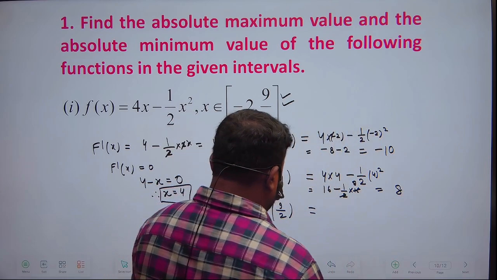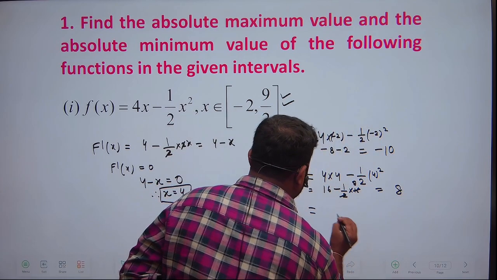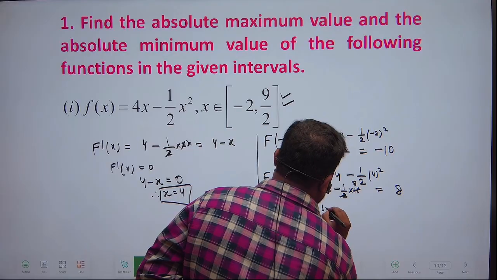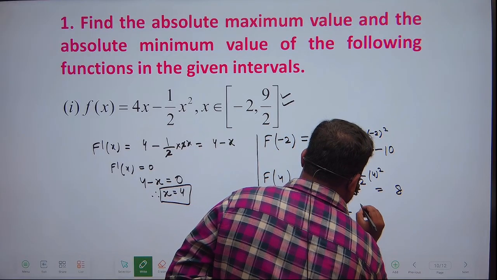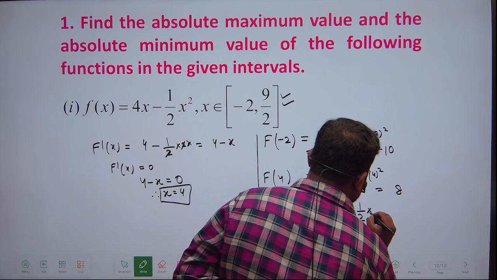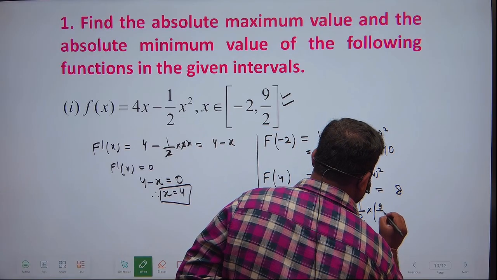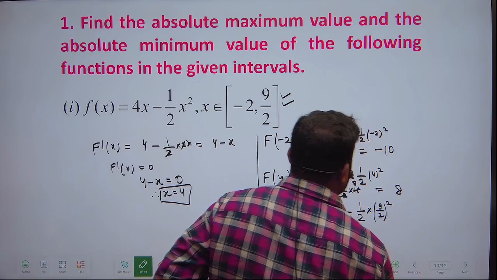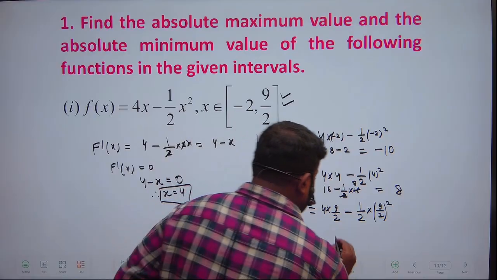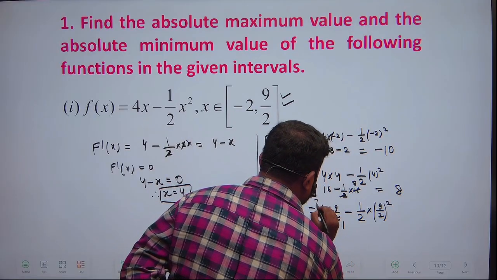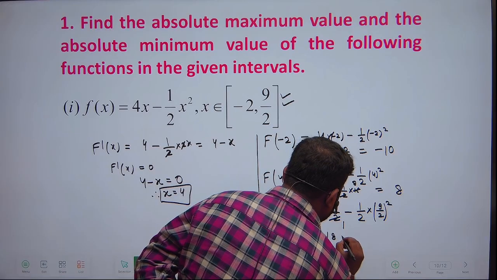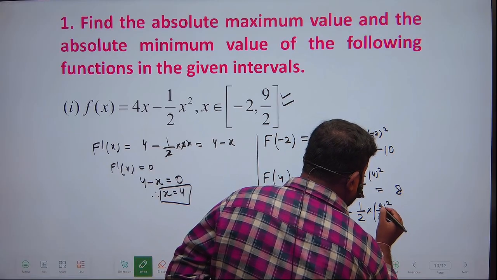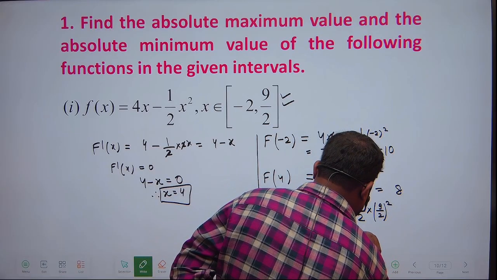And when you put the value of f of 9 over 2, that is 4 times 9 over 2 minus 1 over 2 times 9 over 2 squared. When you find, 2 ones are 2, 4 here. That value is 9 2s are 18 minus 81 over 8.